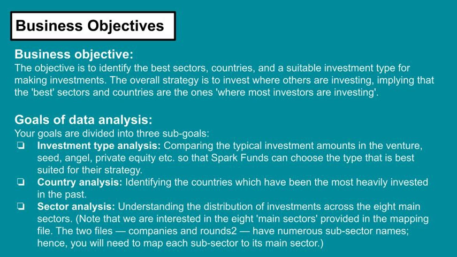And private equity type investments are associated with much larger companies and involve much higher investment than venture types. So startups which have grown in scale may also receive private equity funding. This means that if a company has reached the venture stage, it has already passed the angel or the seed funding. So the company that you're working for, Spark Funds, wants to choose one of these 4 types of investment for each of their potential investments. So that's your first goal.